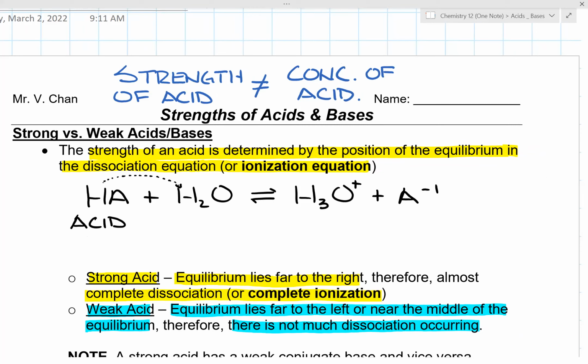They're not necessarily the same thing. So you can have a very dilute acid that's very strong, or you can have a concentrated acid that's very weak. Okay, an example would be like people that say, oh, you wear glasses, you must be smart. Wearing glasses has nothing to do with your intelligence. Wearing glasses just means that you are blind. And that's the same idea. Strength of an acid and concentration of an acid are two different things.